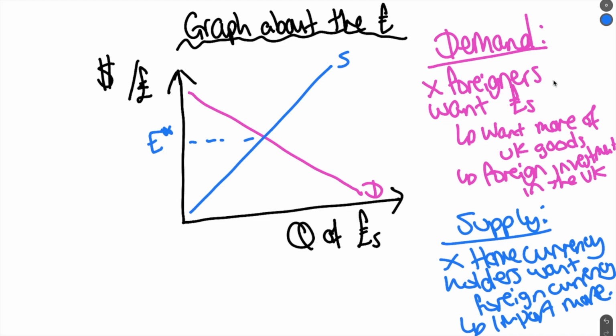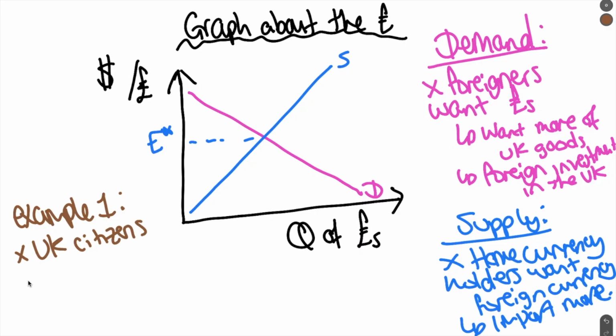Okay, so let's try and illustrate this with an example then. Example one, we'll make it easy to start with. UK citizens import more US goods. So US goods have become much more attractive to the UK. I don't know, let's pretend the quality is a lot better.